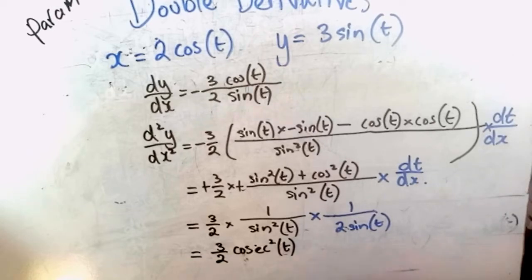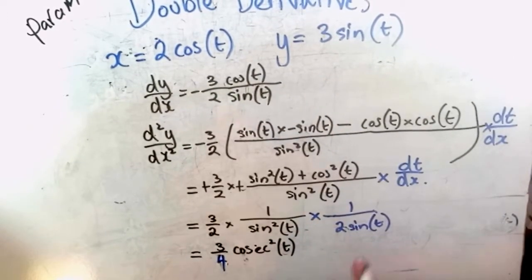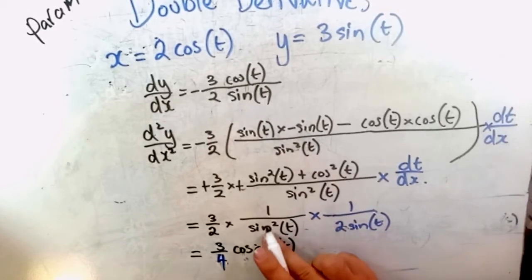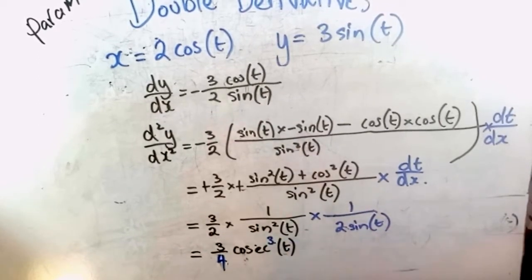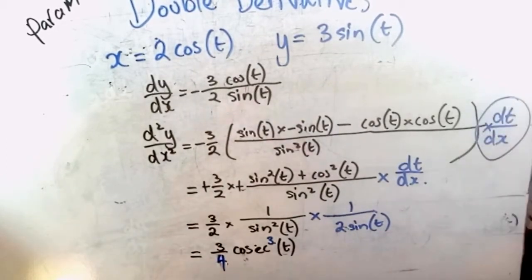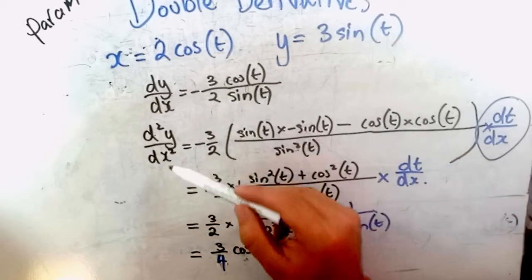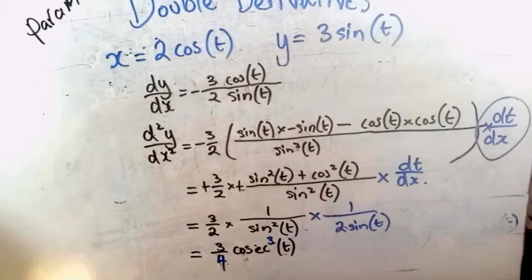Now we're getting somewhere. I end up with another 2 times here, so this is going to be 4. And we've got sine, so we get sine cubed. Now it's with respect to x, because we can use the chain rule. When we take the derivative with respect to t instead of x, we need to multiply by dt/dx.